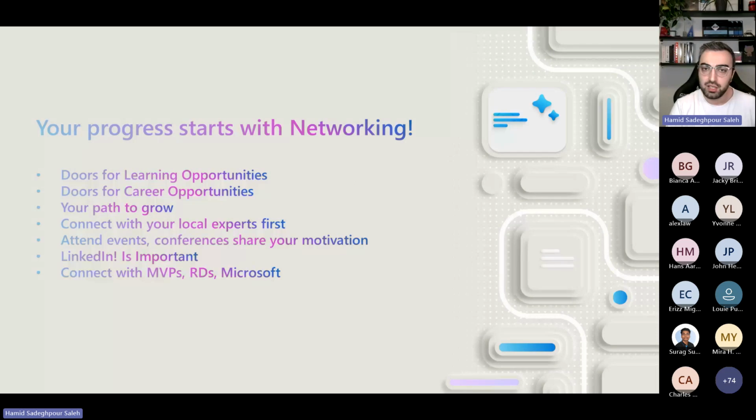Your progress starts with networking. That was one of the topics in our agenda. So why is networking really important? This is going to open doors for learning opportunities. You might connect with someone that loves to learn on a daily basis. That person or those people in the network with a learner mindset will keep you motivated.